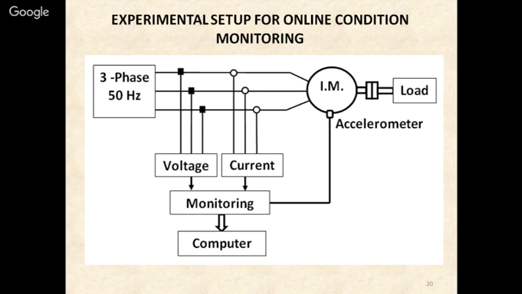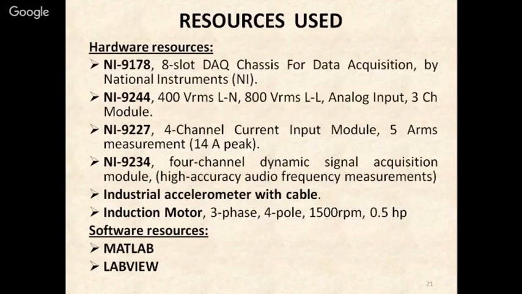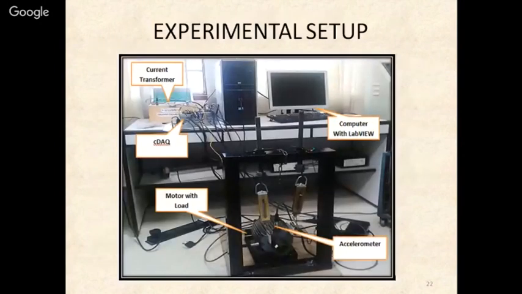So here we have used these resources. This is our experimental setup. Here we have an induction motor which is being loaded by this pony brake arrangement. Here we have placed two accelerometers on the X and Y axis of the induction motor for acquiring the vibration signals from the motor.